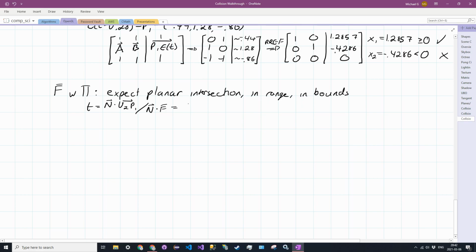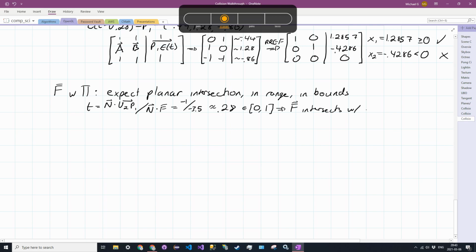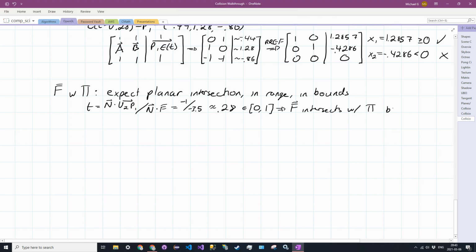And we get that this is equal to minus 1 over minus 3.5, which is what we had before, which is approximately equal to 0.28. So that means, and this is in the range 0, 1, so F intersects with the plane pi between U2 and U3.